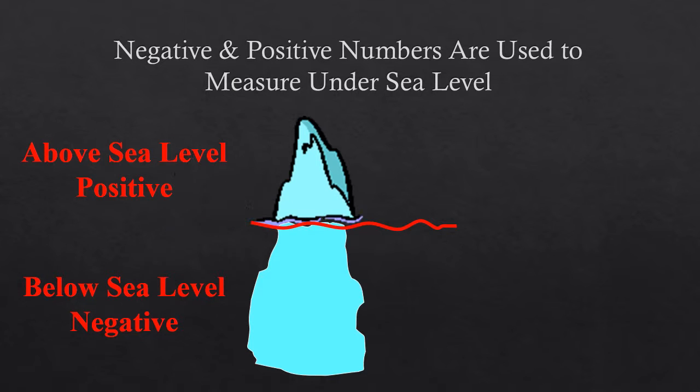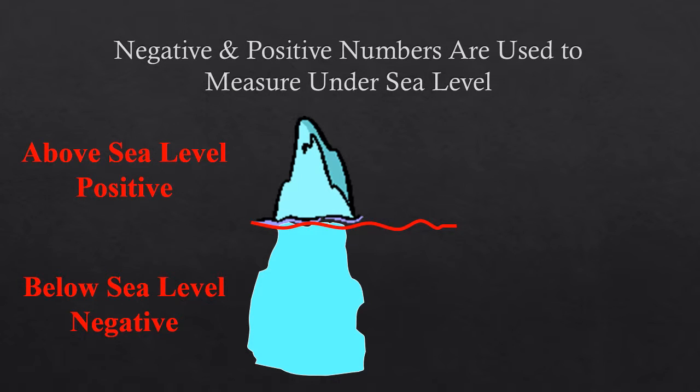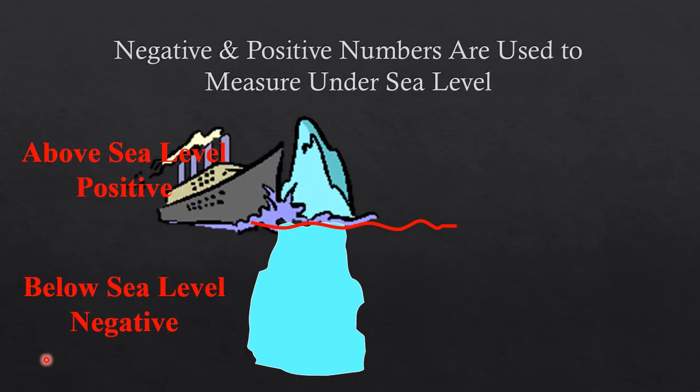Here we have our first example of how we can apply negative and positive numbers to represent real life situations. Here we have a ship that's being sunk by a glacier, in reference to the Titanic. The squiggly line here is what you would call ground zero, the 0 mark.